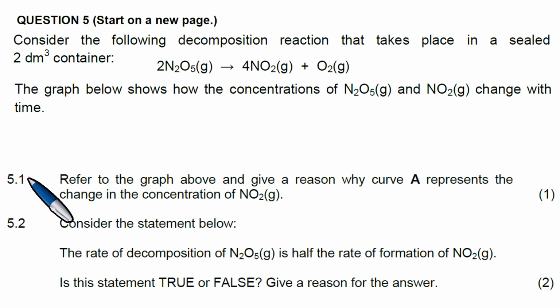Right, so first things first, we shall refer to the graph above. I'm going to show the graph now, but we shall refer to the graph and give a reason why A represents the change in the concentration of NO2. Now, a couple of things we need to take into account in this question.